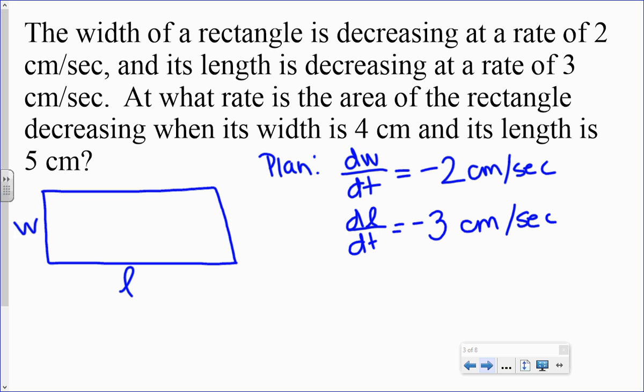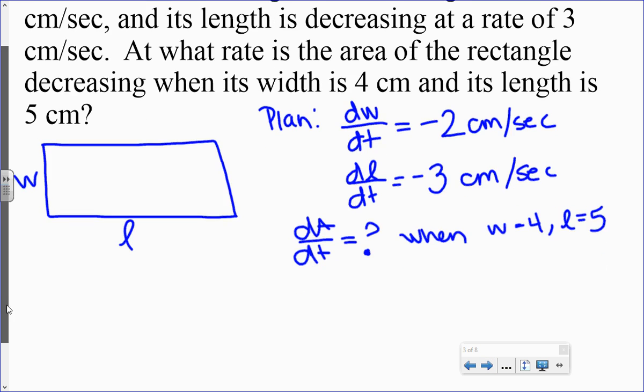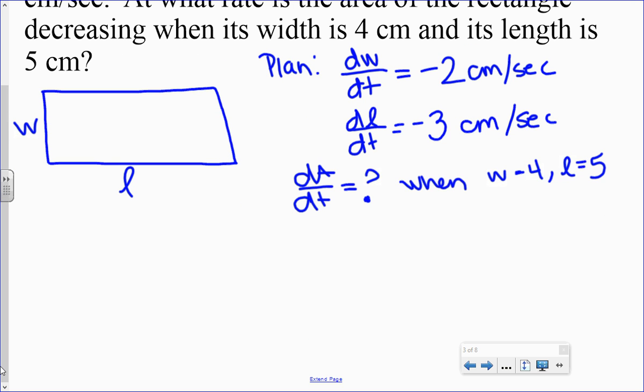The derivative of A. So if I call area A, we are looking for dA/dt, when W is 4 and L is 5. Okay. Now, we need an equation. An equation that relates area with length and width.